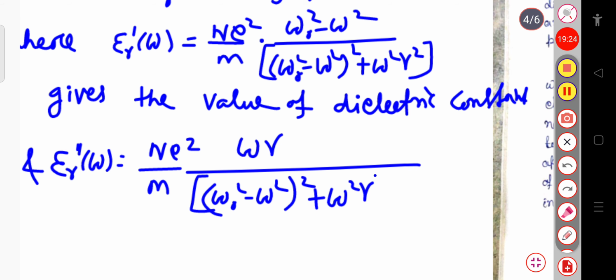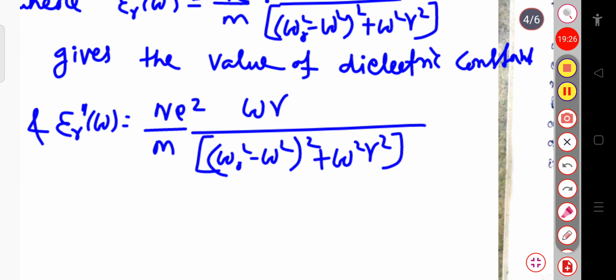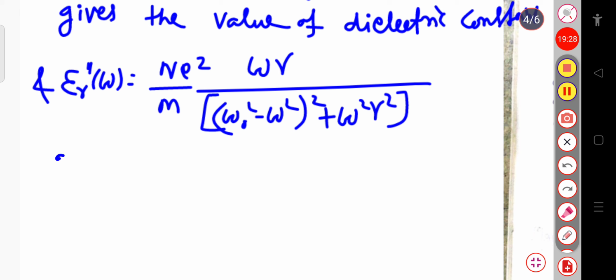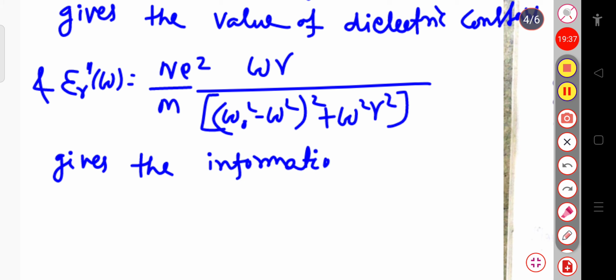This gives the information about the damping losses.